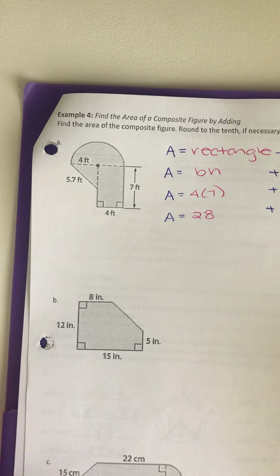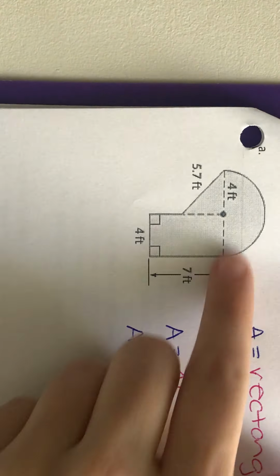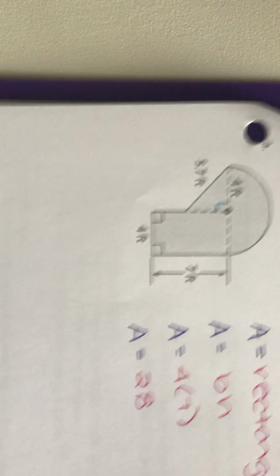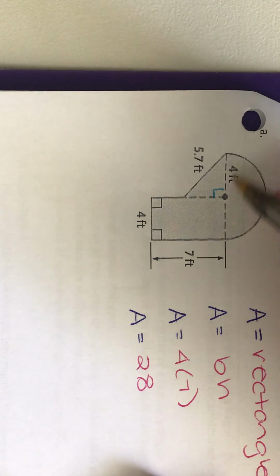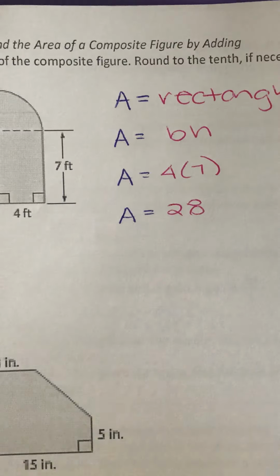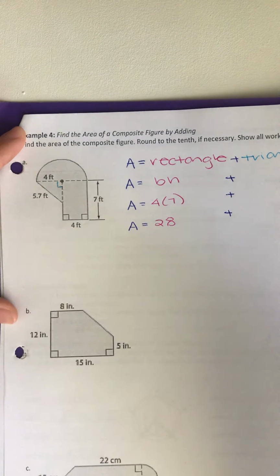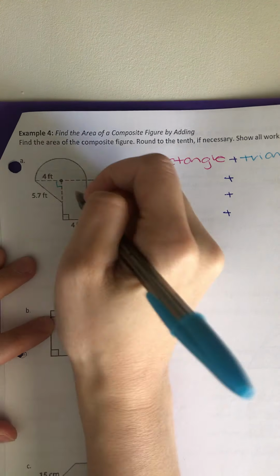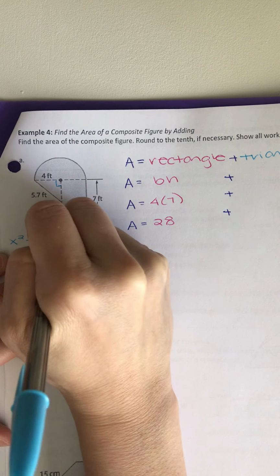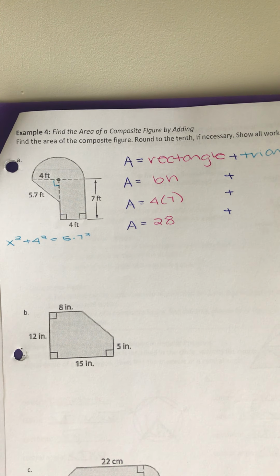Now I'm going to look at this triangle. I'm going to turn my paper a little bit. I notice that it's a 90-degree angle triangle here. So my formula for a triangle is 1/2 base times height. I have my height, but I don't know what that base is. So I'm going to use the Pythagorean theorem to find my base. My hypotenuse is 5.7, and I'm going to call the base x. X squared plus 4 squared equals 5.7 squared.